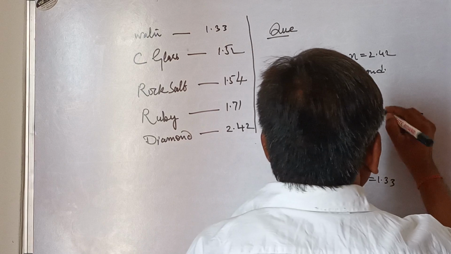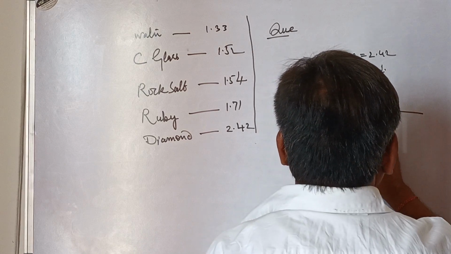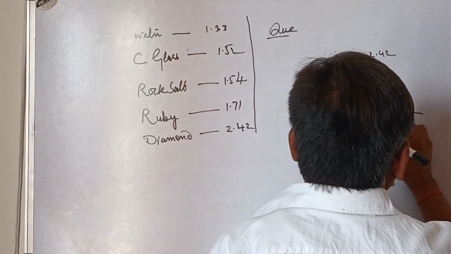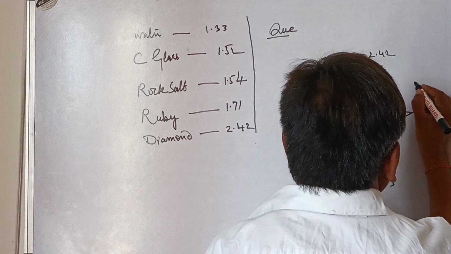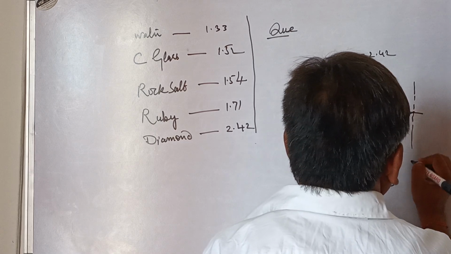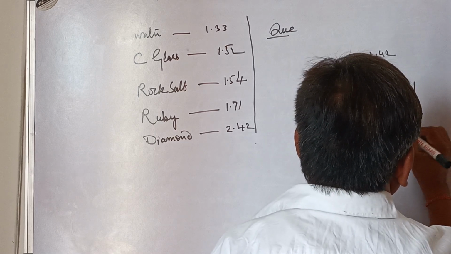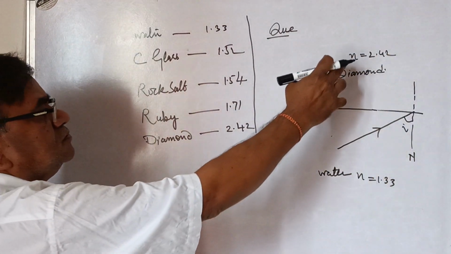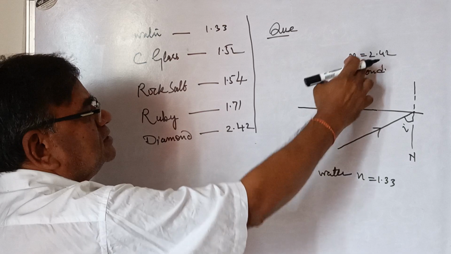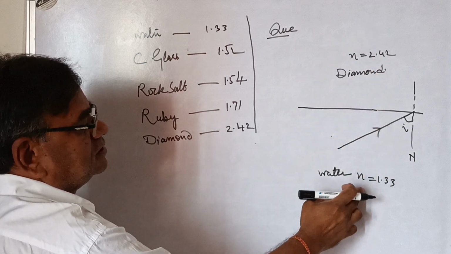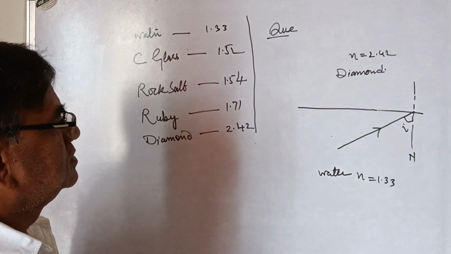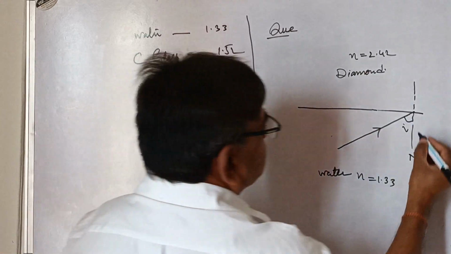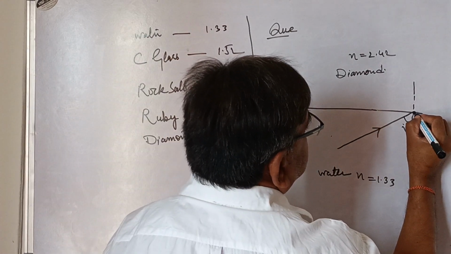So when the light ray goes from water, this is the normal, this is i. This is optically denser as compared to this. So what happens? Here the speed will decrease too much.